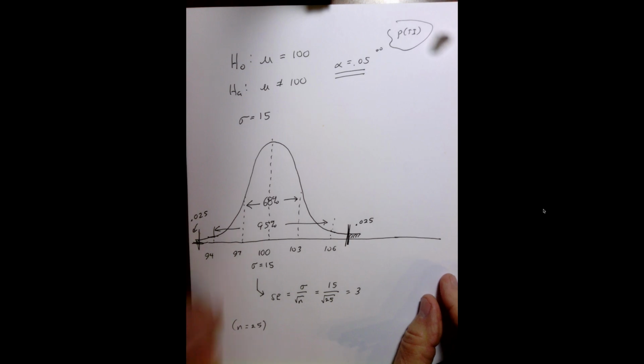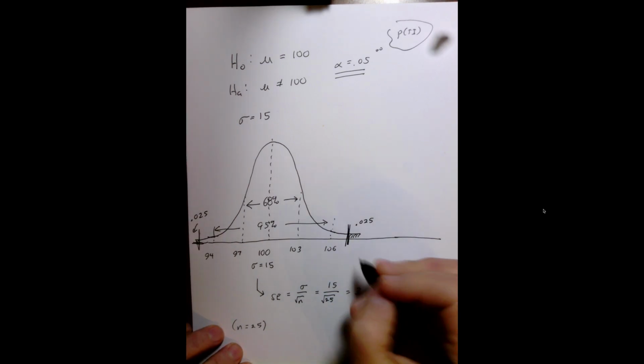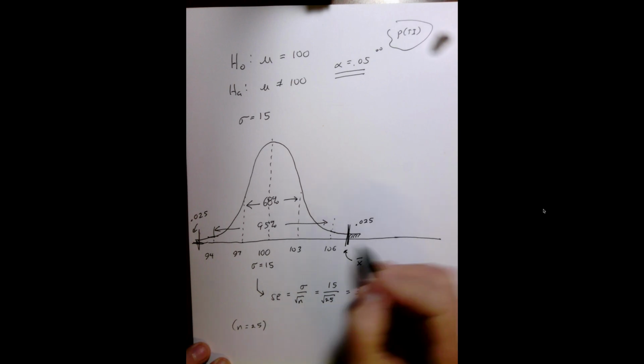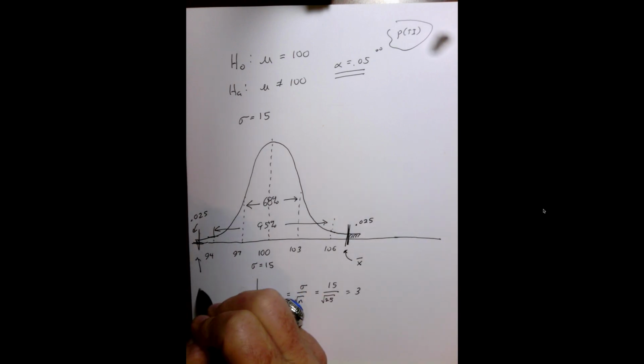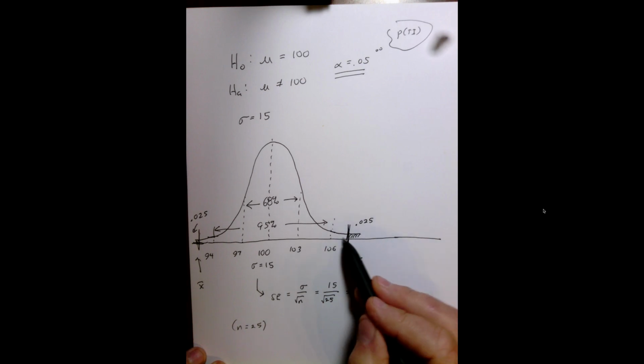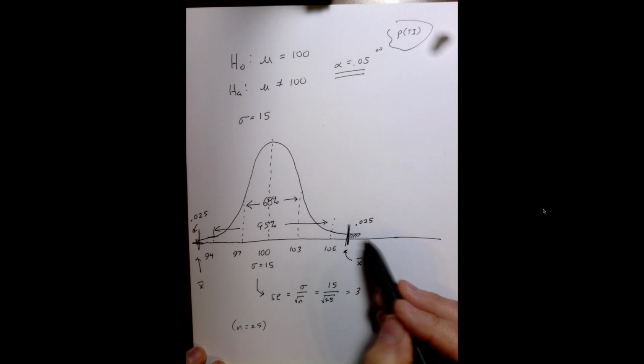Turns out it's very, very easy to do, right? We need to find the sample mean. Actually, we need to find two of them that separate the fail to reject region and the reject region.